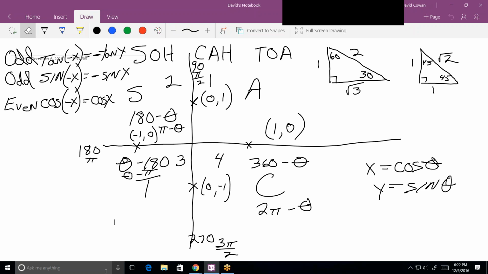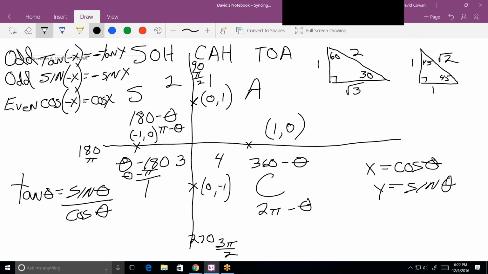There's one other thing here that's worth knowing, and that is the tangent of theta is always equal to the sine of theta divided by the cosine of theta.